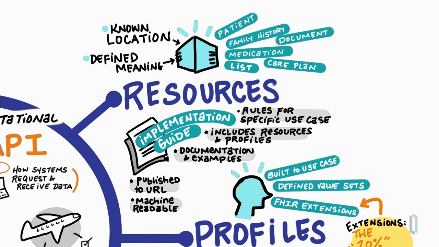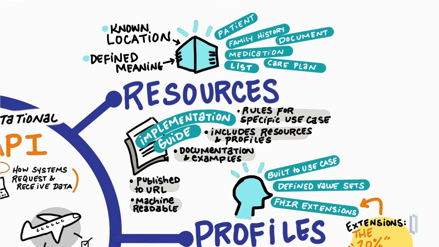The FHIR implementation guide is created for a particular use case, and you specify in that implementation guide all of the FHIR profiles you need for that use case, all of the value sets and code systems that you need for that use case, and all of the FHIR extensions that you need. There is also, in addition to that content, a human-readable description of what that implementation guide is used for and examples of how that implementation guide is used.